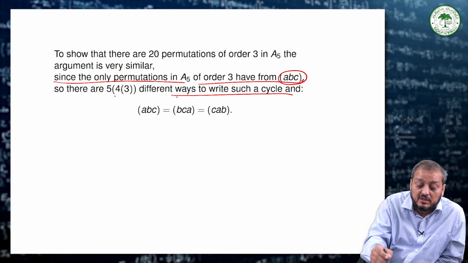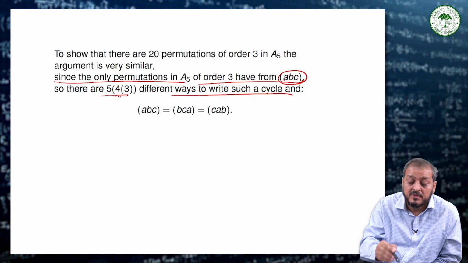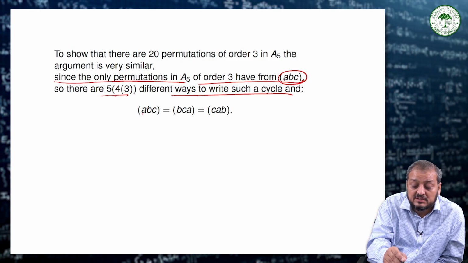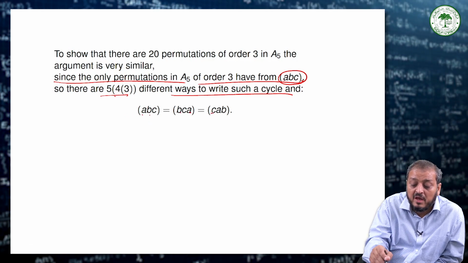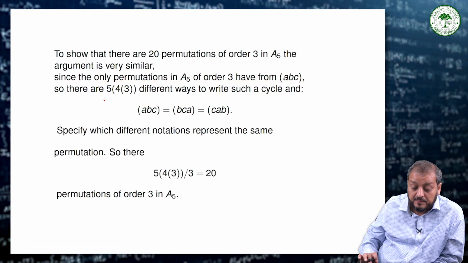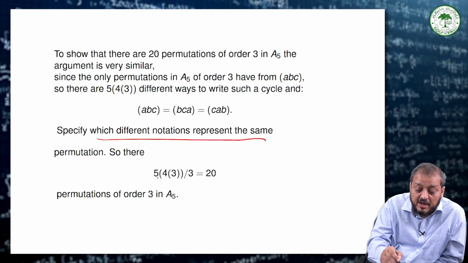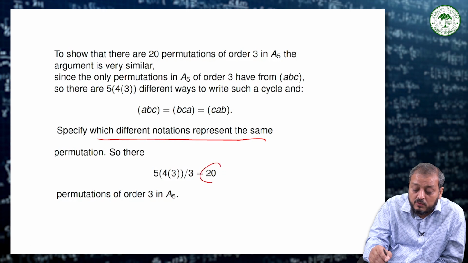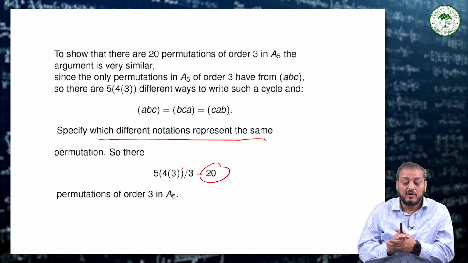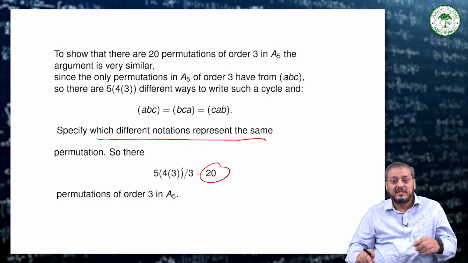But again, (A B C), (B C A), (C A B) are equivalent, so we must divide by 3, since these different notations represent the same permutation. So 5 times 4 times 3 divided by 3 gives 20 elements. So the number of permutations of order 3 in A5 is 20.